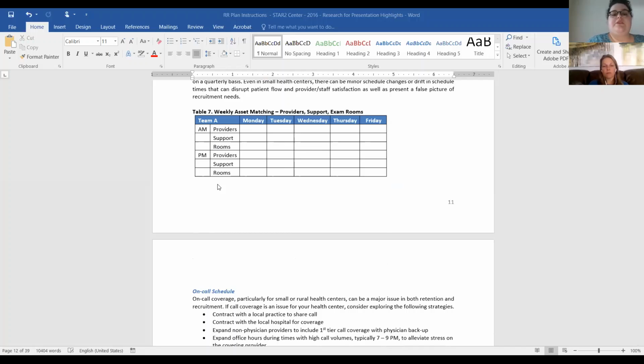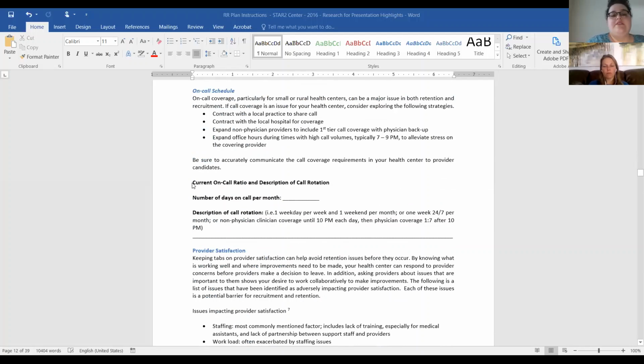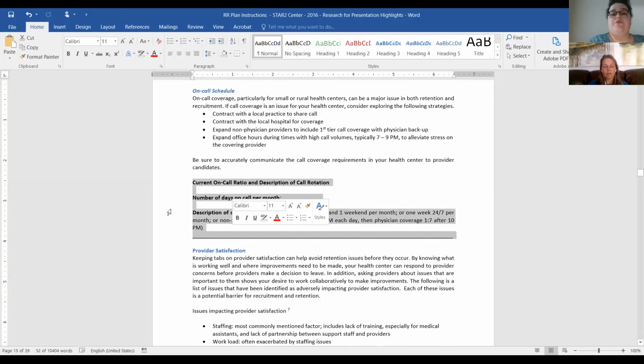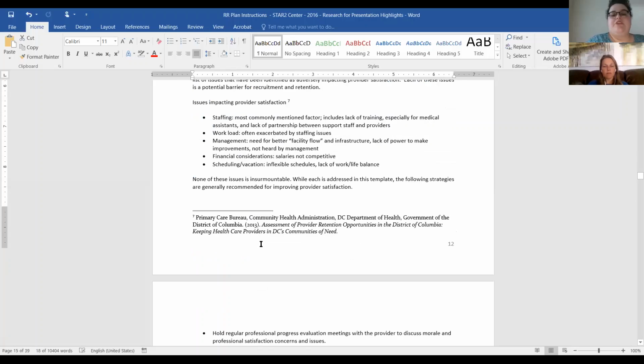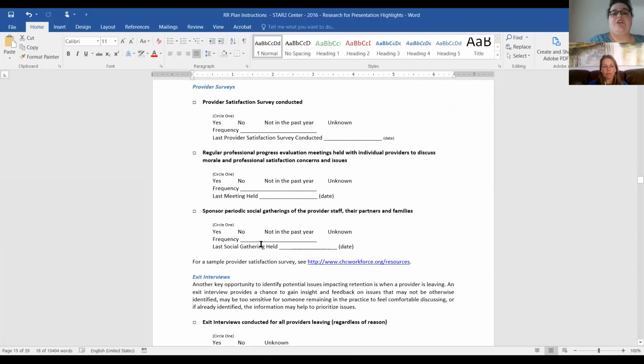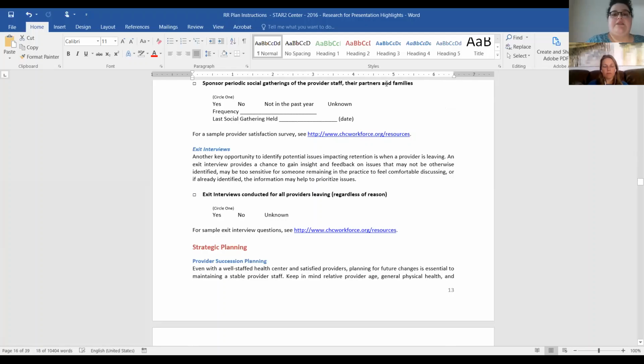So we've really broken this down into very concrete, specific areas. The on-call schedule as well. We have this throughout, where any health center can use it as part of their template. As I mentioned, the provider satisfaction and these provider surveys. So we have these quick examples, and then it takes you back to the STAR Center so you can get more information on that.